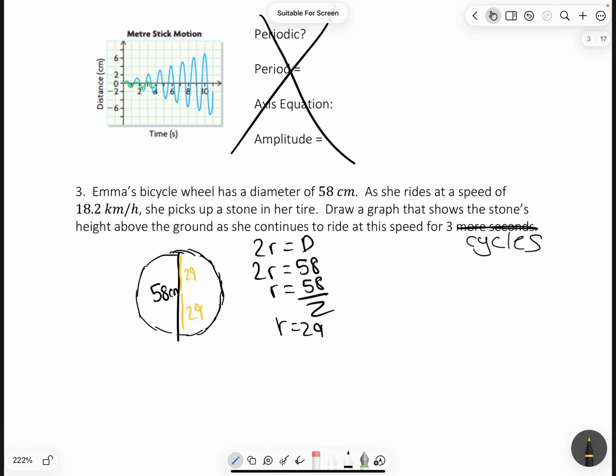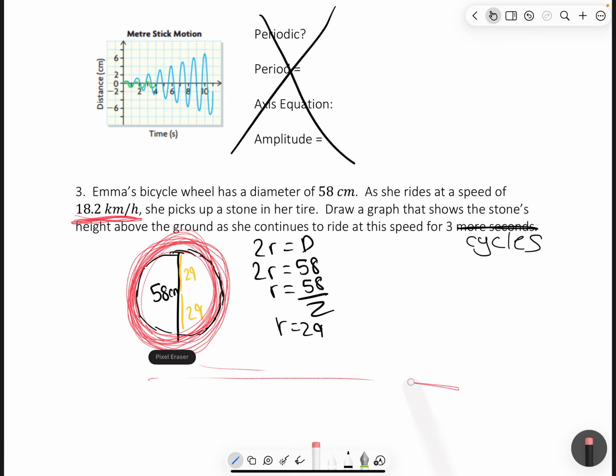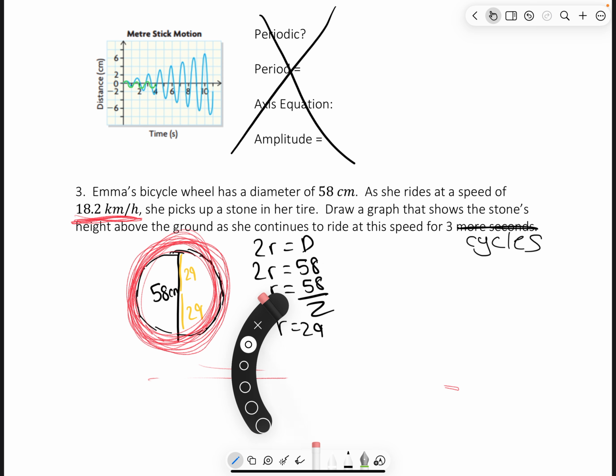Now we want to find the circumference. We're finding the circumference because that's the distance that this piece of rock is actually traveling. This is the length that this rock is traveling around, right? At this speed, the rock isn't going forward or backward, it's moving in circles at that speed.